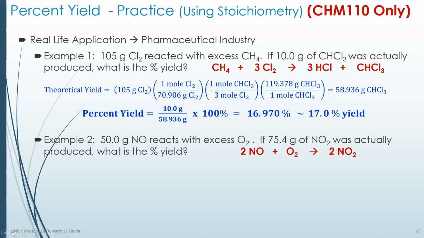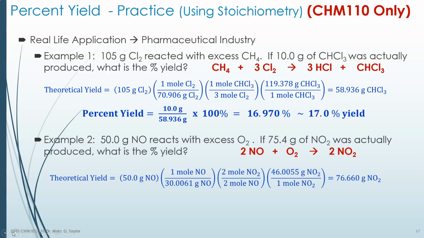So first you have to calculate the theoretical yield, and that's really the hard part of this problem. So you start with your 50.0 grams of nitrogen monoxide, and that gives you an expected product yield of 76.660 grams of nitrogen dioxide, NO2. That's what you expect.